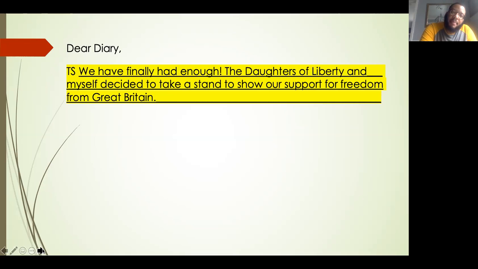So I'm looking back in the text in Act 4, and I have to look at all of the details, all of the things that show what Deborah and the Daughters of Liberty did to take a stand to show their support for freedom. And so the first thing that these ladies did in Act 4 was they discovered that merchants were overcharging. So when I write this down on my outline, I'm simply going to write merchants equal overcharging.